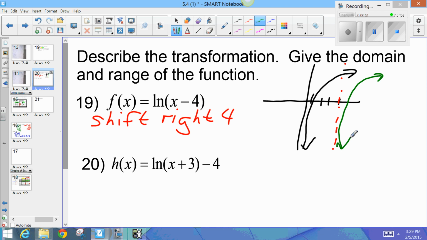So the domain is not going to be all positive numbers anymore. The domain is going to be x is greater than 4. The range is still all real numbers.